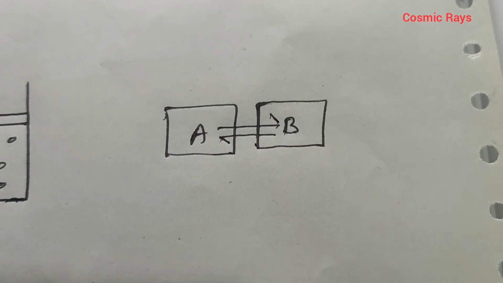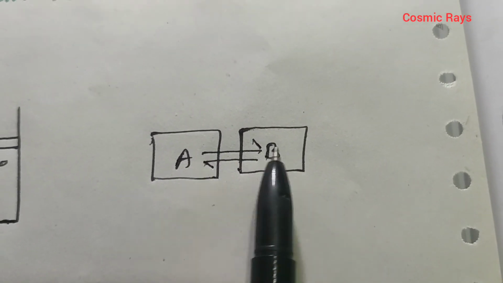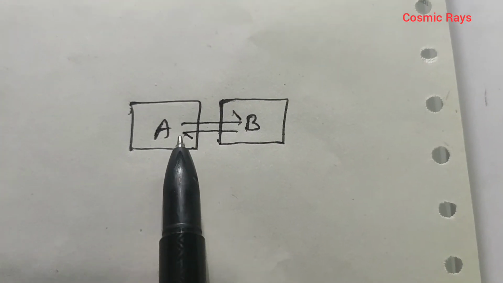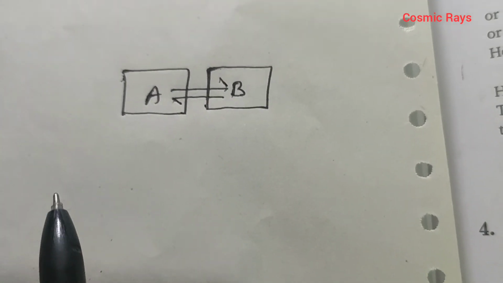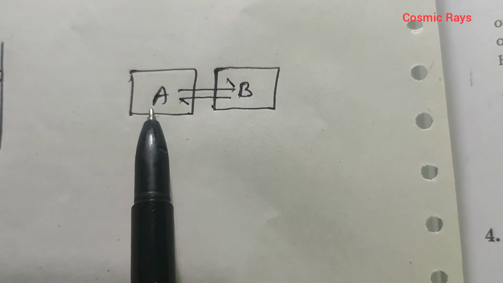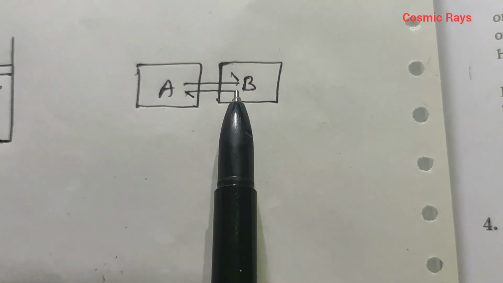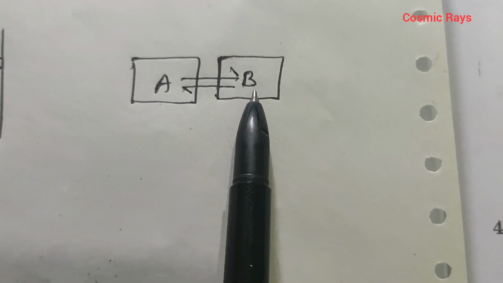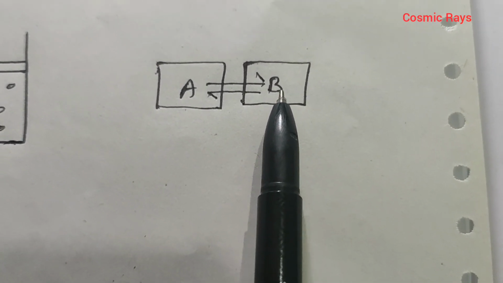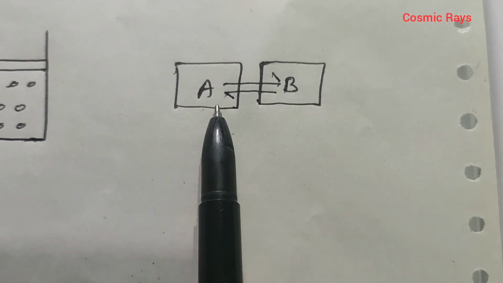Now the direction of heat flow will depend on which body is at the higher temperature. If we say that body A is at higher temperature, then heat flow will take place from body A to body B. Or if we say that body B is at a higher temperature, then heat flow will be from body B to body A.